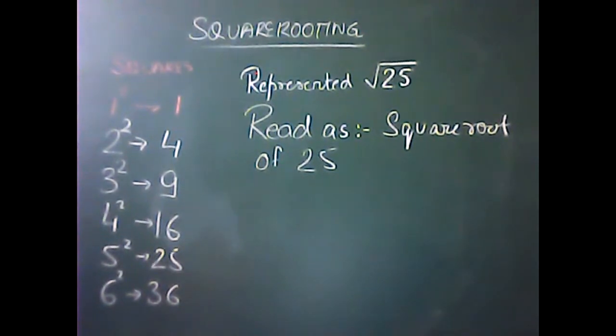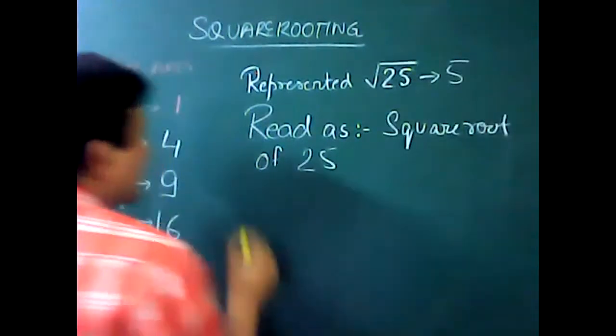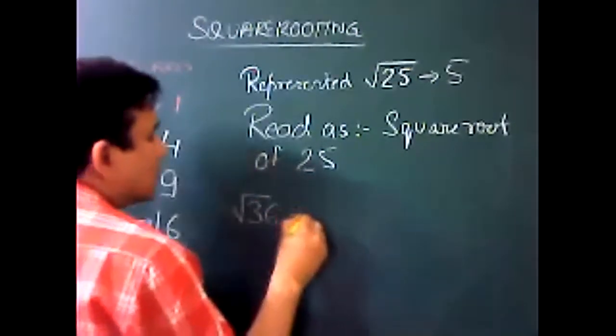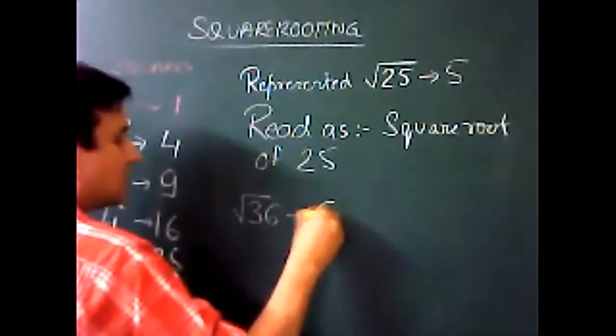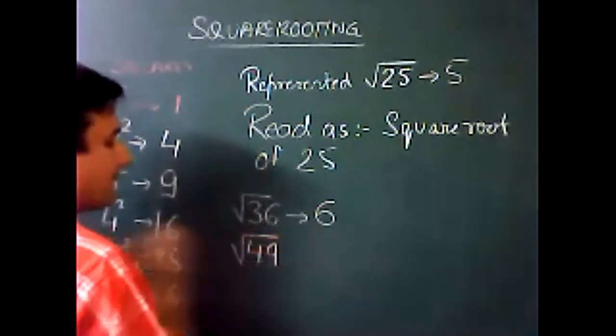What is square root of 25, by the way? 5. Yes, you are right. The square root of 25 is 5. Now, what is the square root of 36? 6. What is the square root of 49? 7.